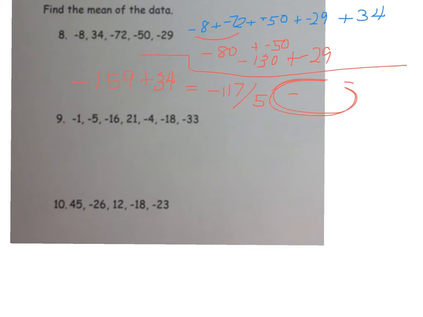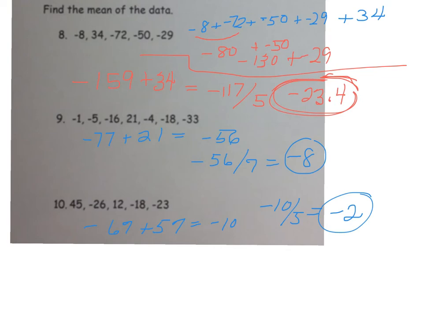A little bit hard to tell, but you see that there are a lot of numbers that are negative, only one positive, but that positive is 34, so it kind of balances it out. So I'm going to ask you to pause the video, and I need you to do number 9 and number 10. Pause. Pause the video. Okay, check your answers.